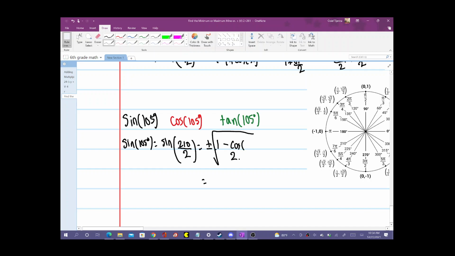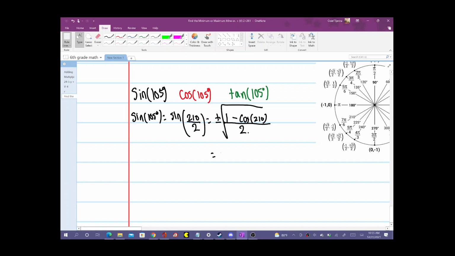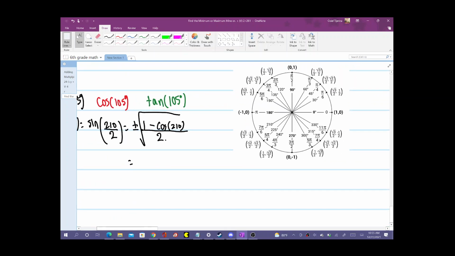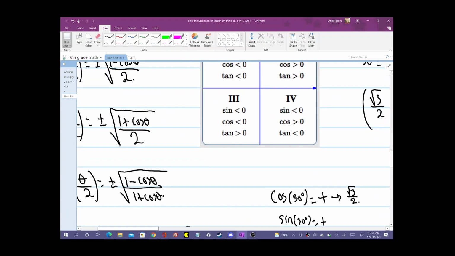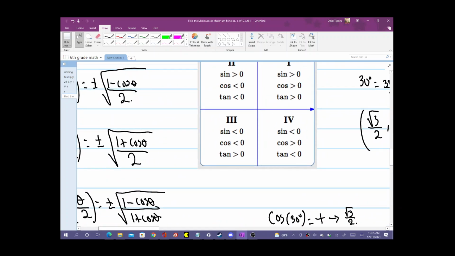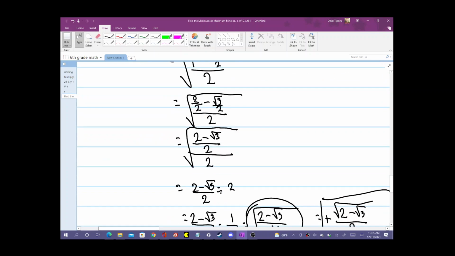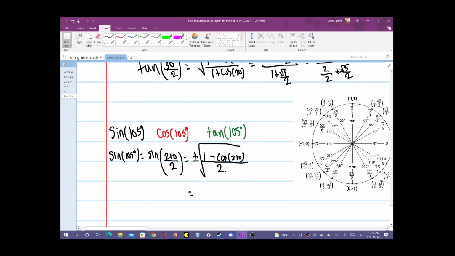It's supposed to be 1 minus cosine of 210 all over 2, not 105. Sorry about that, guys. So then we know that sine in this quadrant is negative because if we go back to our chart, sine is less than 0 in quadrant 3. So it's going to be negative.